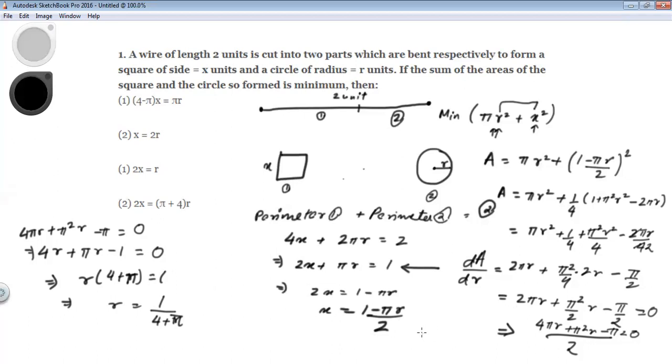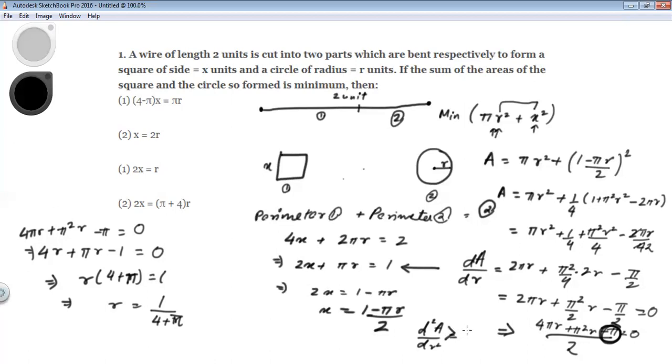Now to make sure that this is the minima, we need to differentiate again, d square A by dr square. If we do that, we see that there is only one negative part here, and this negative part is just a constant. Therefore, the rest of the part is always going to be positive, since r is always positive and all the numbers are positive here.